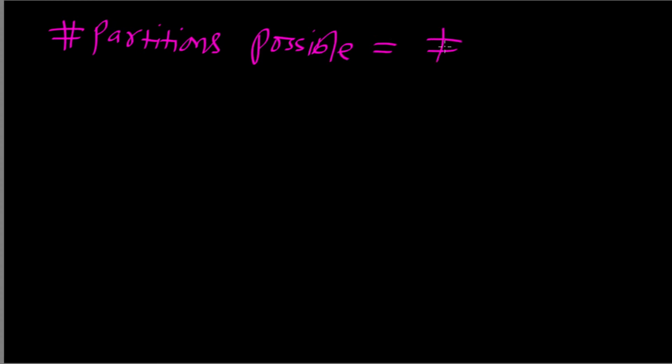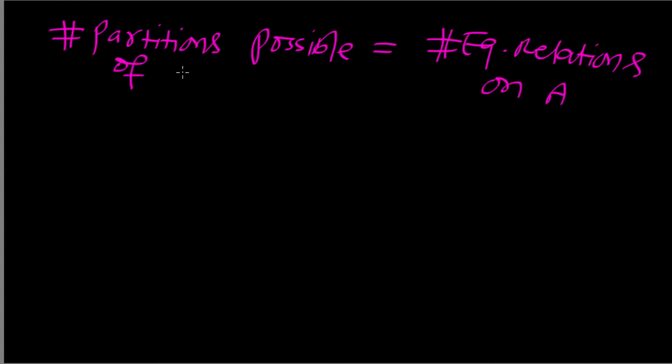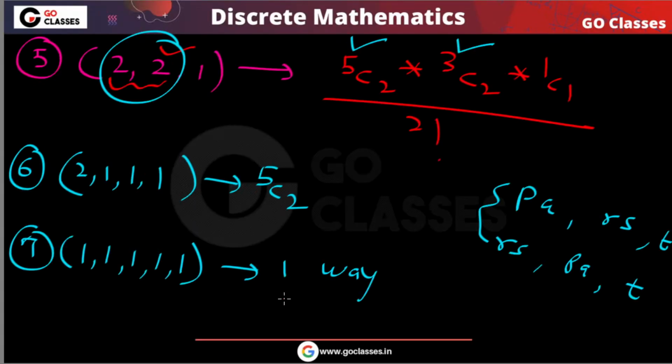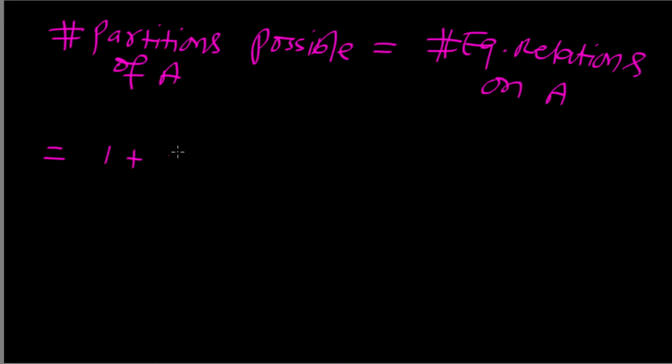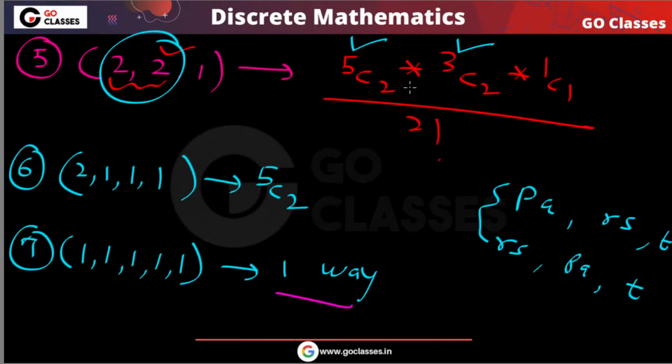So number of partitions possible is equal to number of equivalence relations possible. And this is very simple. 1 plus 5C2 plus, what is this value? Can anyone tell me? 5C2 plus this is 3, so 5C2 is 10.